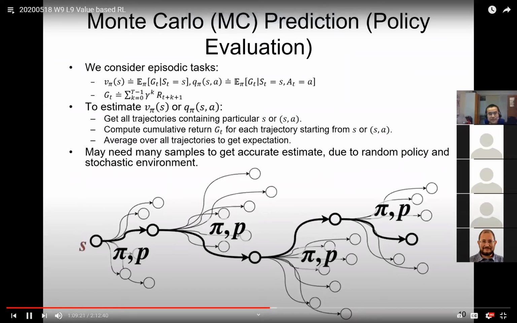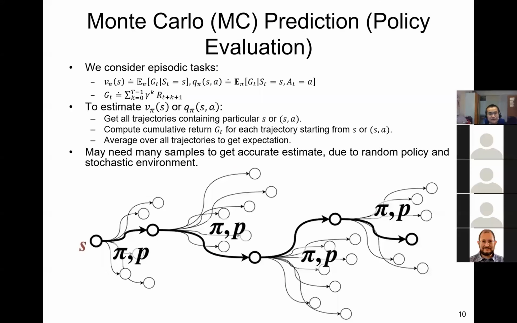So consider episodic tasks for MC-based prediction, where you have finite length episodes, and the value of a given state for policy pi is to start from the state S and take actions based on pi and count the cumulative reward, denoted as G_t, with the discount factor gamma.